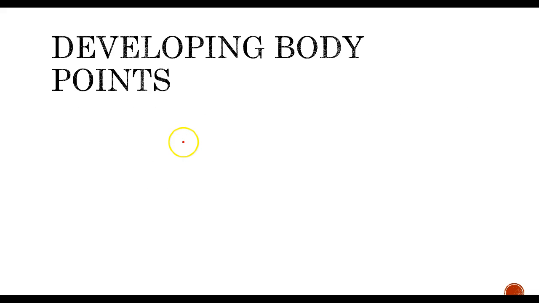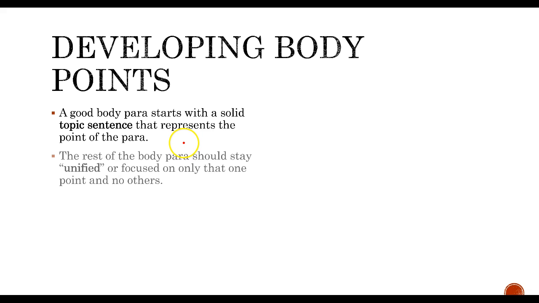After your topic sentence, you want to develop your body points. Keep in mind that this is good advice for paragraphs in general. Paragraphs should always be unified, or focused only on one point and not others. So whenever you're writing a paragraph about, say, teenagers in malls, that paragraph is only talking about teenagers and you're not focusing on any of the other types.